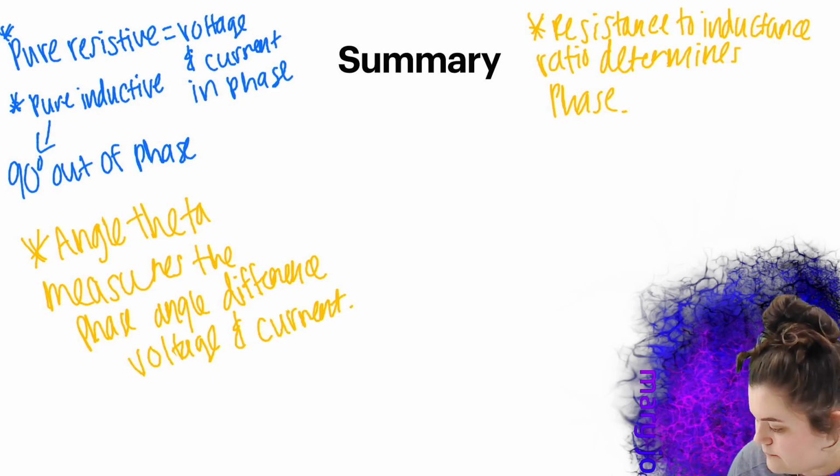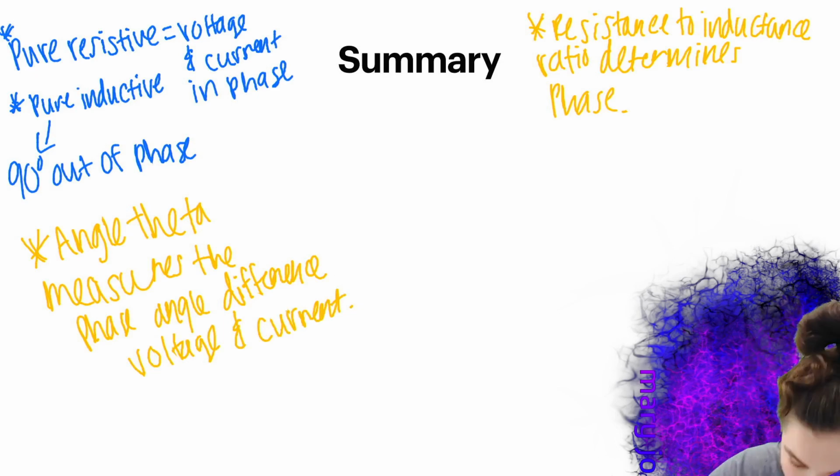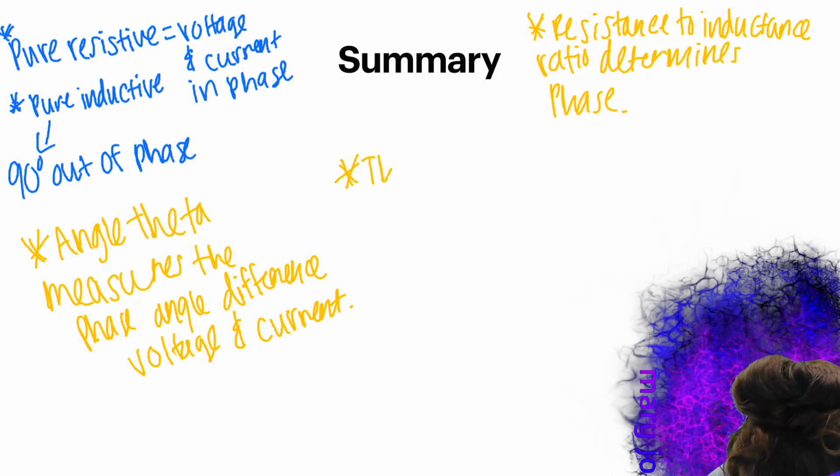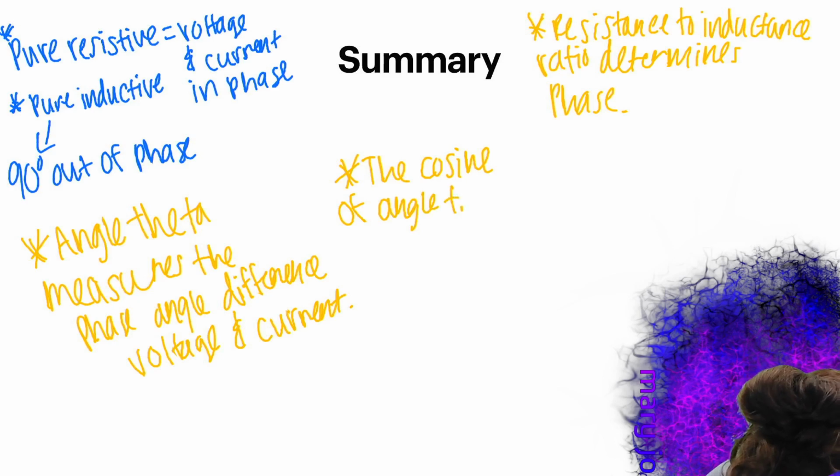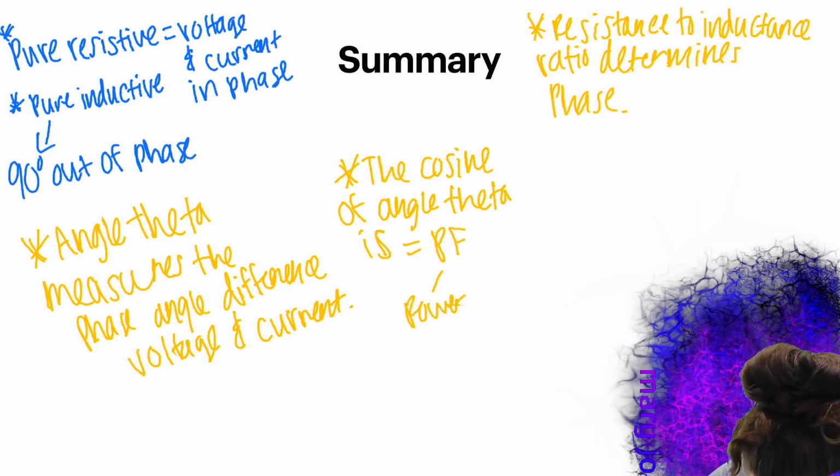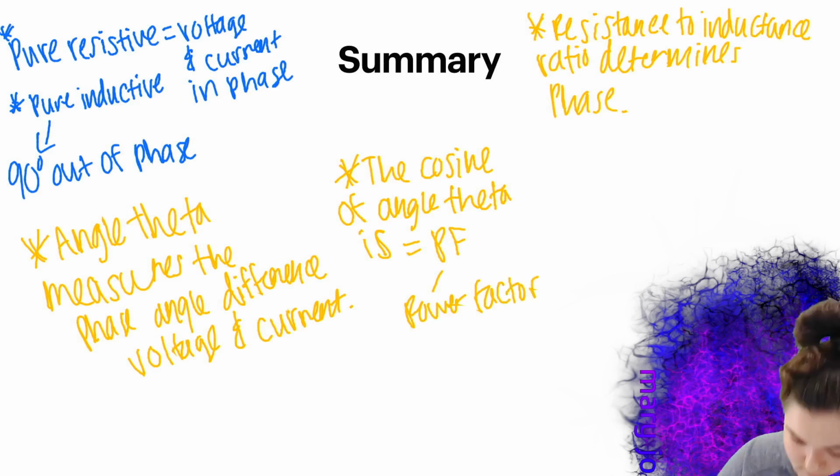All right. The cosine of angle theta is equal to PF, which stands for power factor. So, if you know the power factor, you know the cosine of angle theta is equal to the power factor.